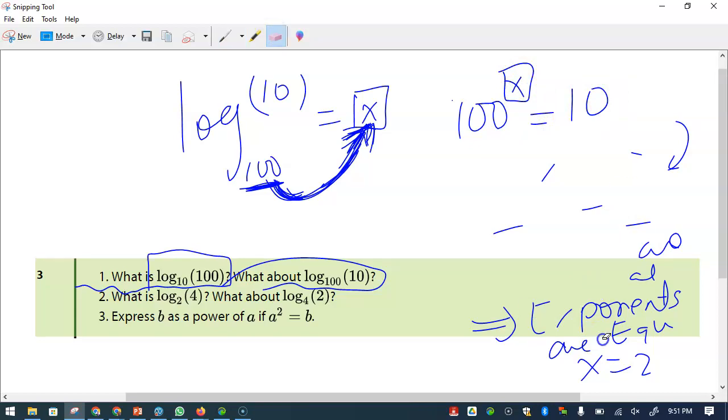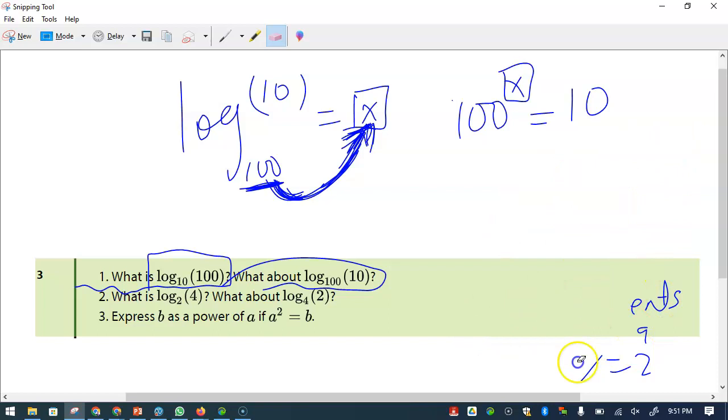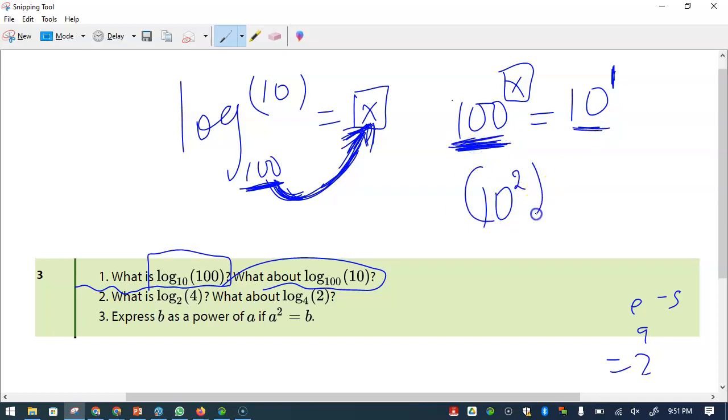Now let's see how we do this. So now this basically means 10 raised to 1. So what I'll do is, can we write this with base 10? The right side is 10. This one also we could write as 10 raised to the power 2. 100 is 10 squared, and there's an x there, right? Equals 10.